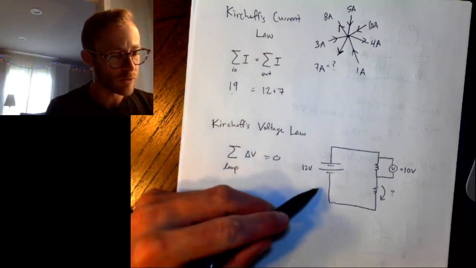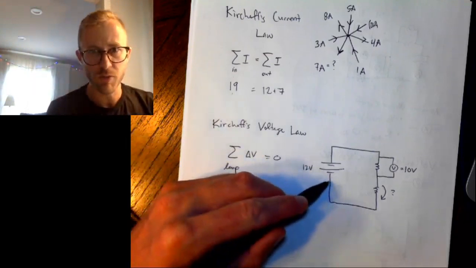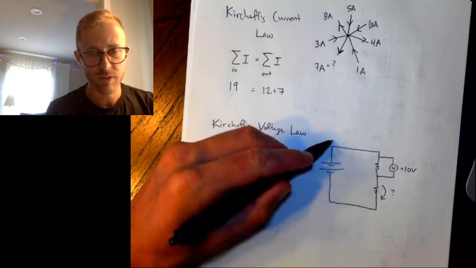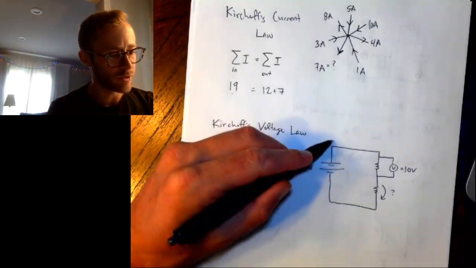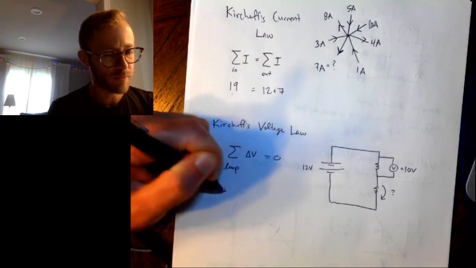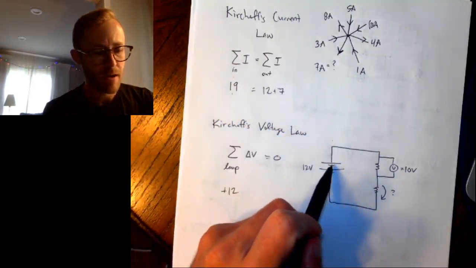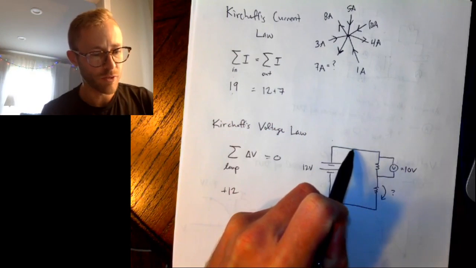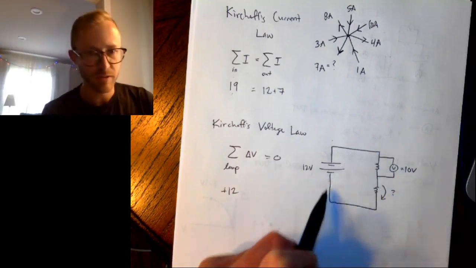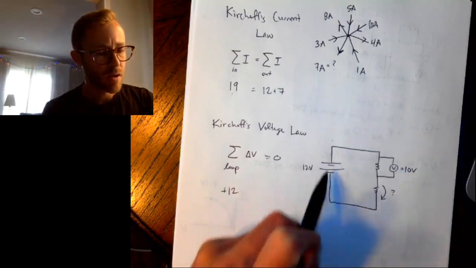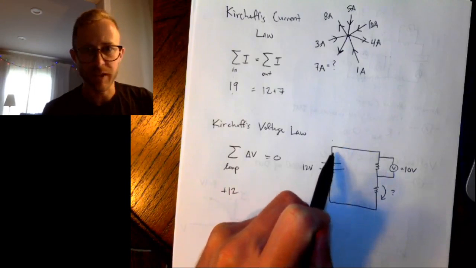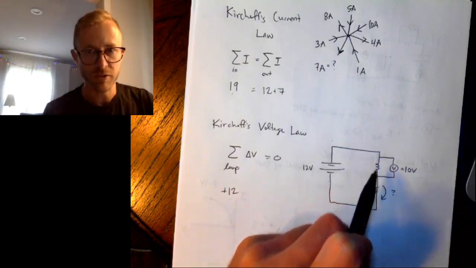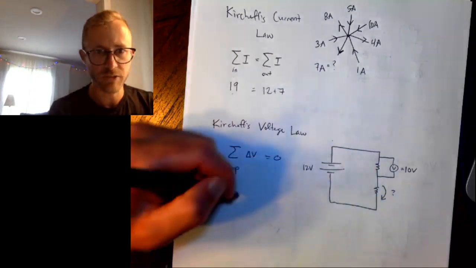What I would do is I notice I have a 12-volt rise across this battery, so the change is plus 12. And then I go around, so that my loop, by the way, is this circuit. I have a 12-volt rise, and then I have a 10-volt drop across the resistor, so I have minus 10.